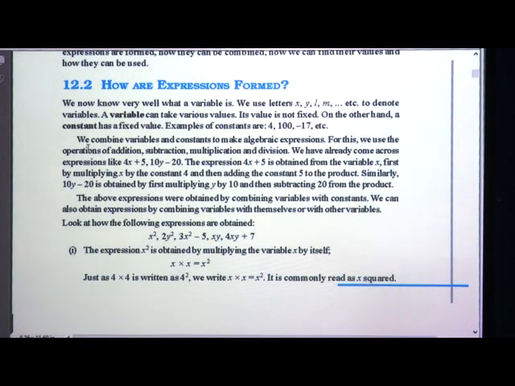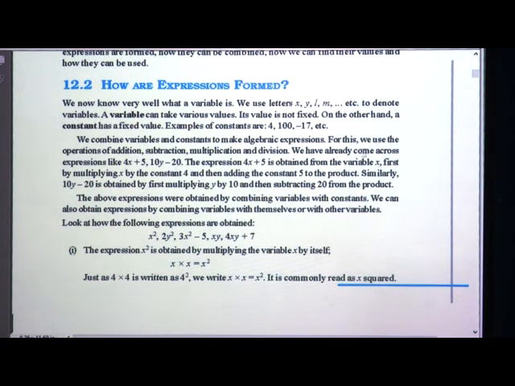So we combine variables and constants to make an algebraic expression. Now you know how we can form an algebraic expression. We combine variables as well as constants. For this we use the operations of addition, subtraction, multiplication and division.